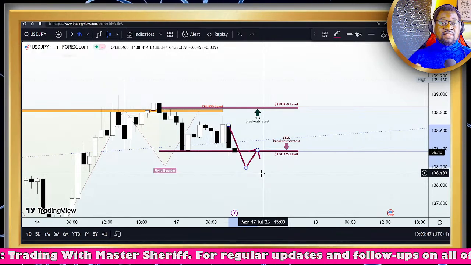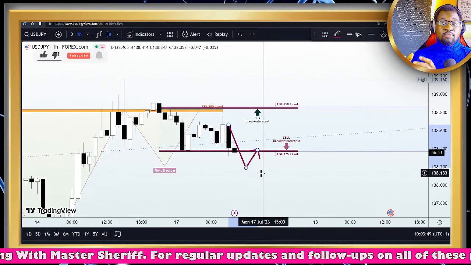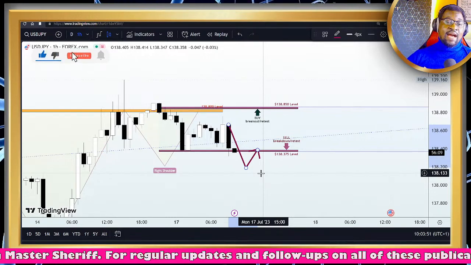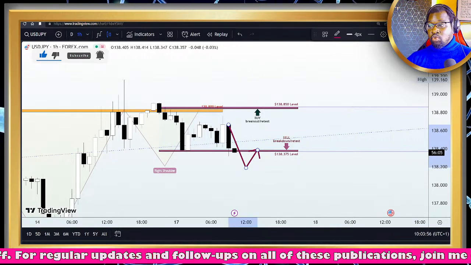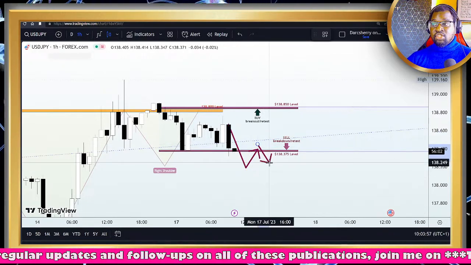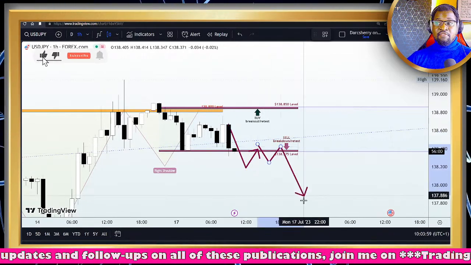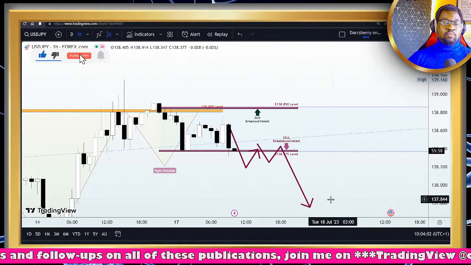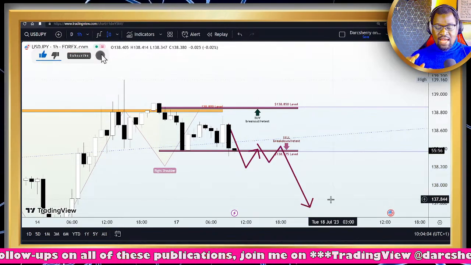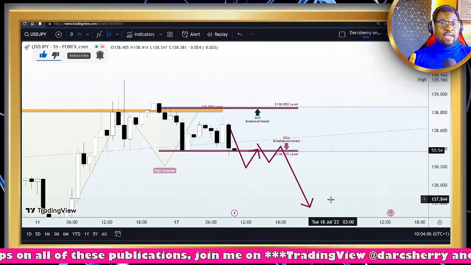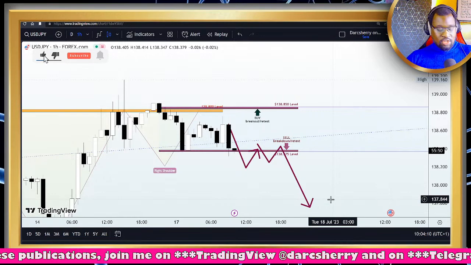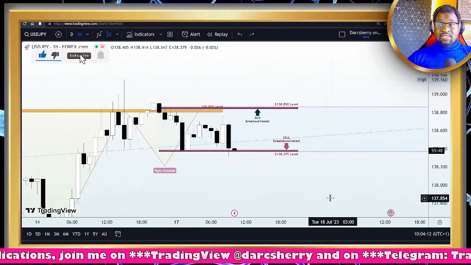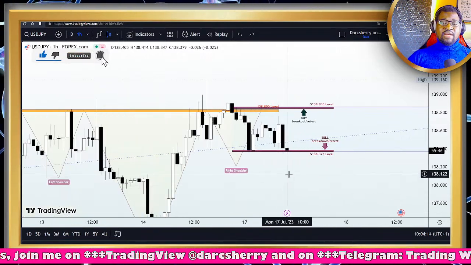And in fact, this will be a sign that buyers may not be able to push price above the 138.375 anymore, and this will reflect on the chart as continued selling pressure around this area before we can join a bearish move to the downside. So this is how we are going to be selling if the market breaks down the 138.375 level.